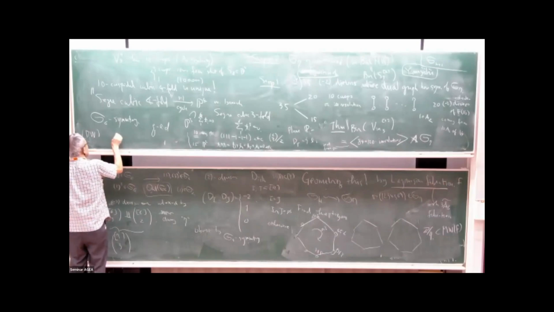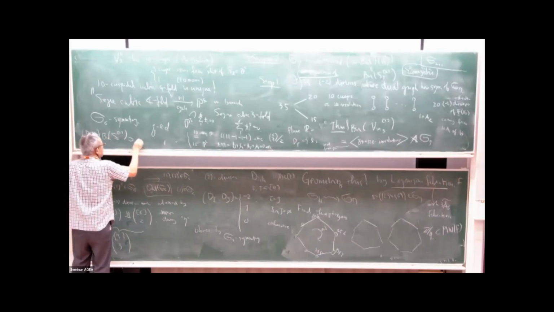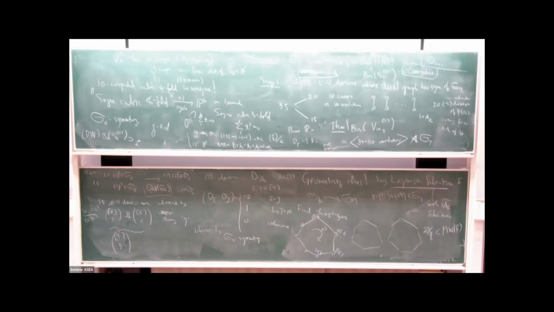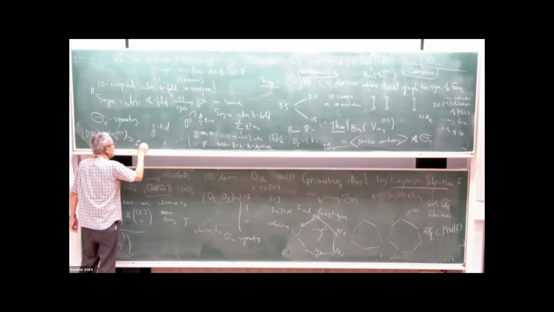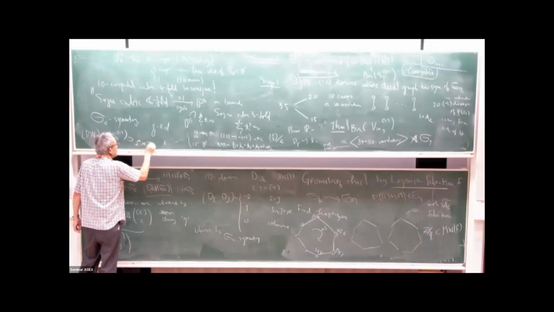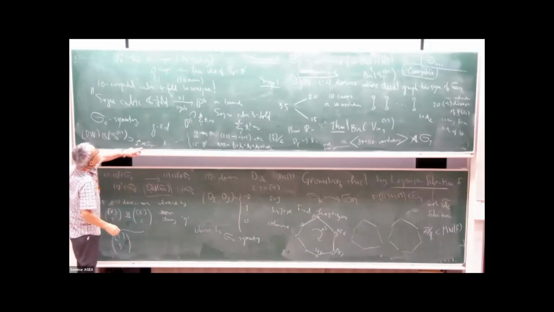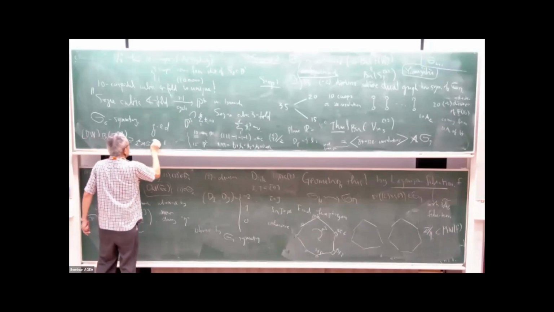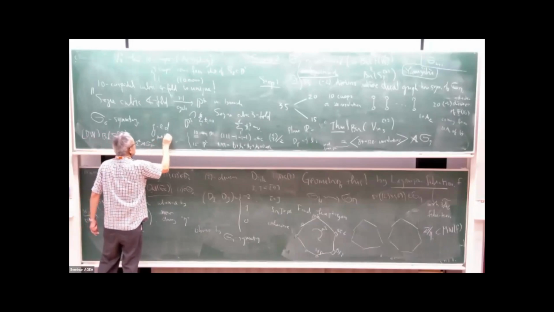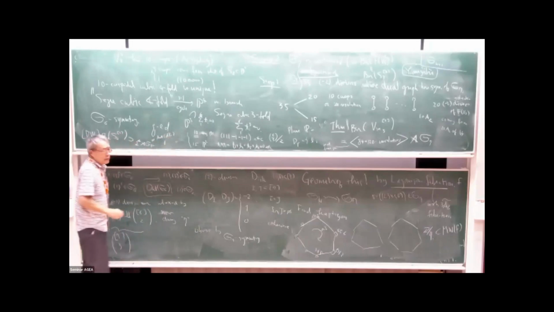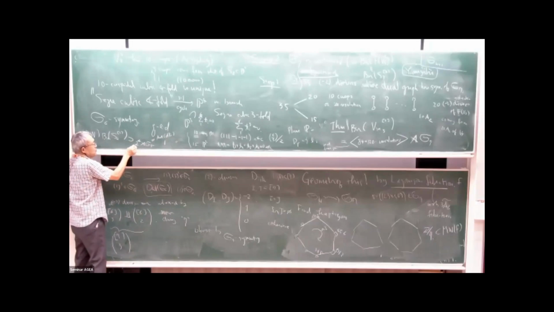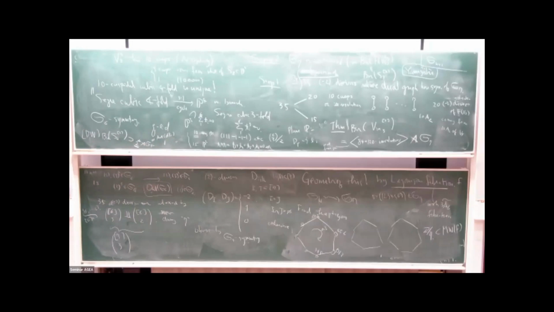So S42 has a semi-direct product of an elementary abelian group by S5. So this S5 is the automorphism group of the quintic delta. But this part is added. Yes.